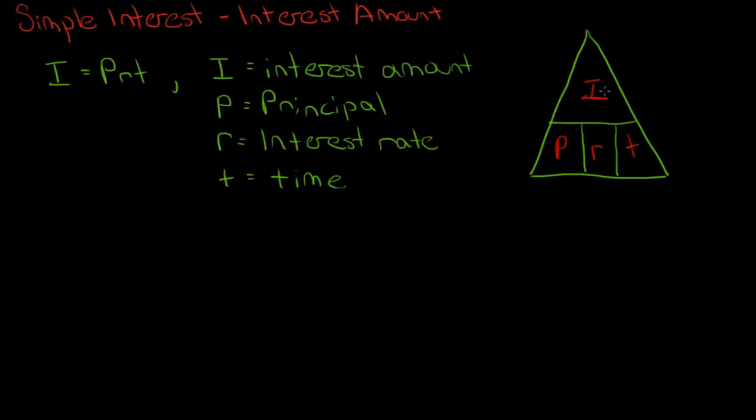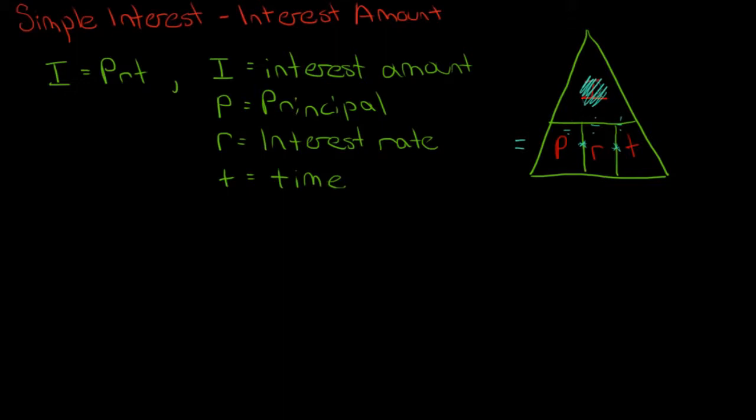like you would do with this equation, you can cover up your I, and that's your unknown, that's what you're looking for, and you know that I is going to be equal to PRT. Now, vertical lines represent multiplication, while horizontal lines represent division.